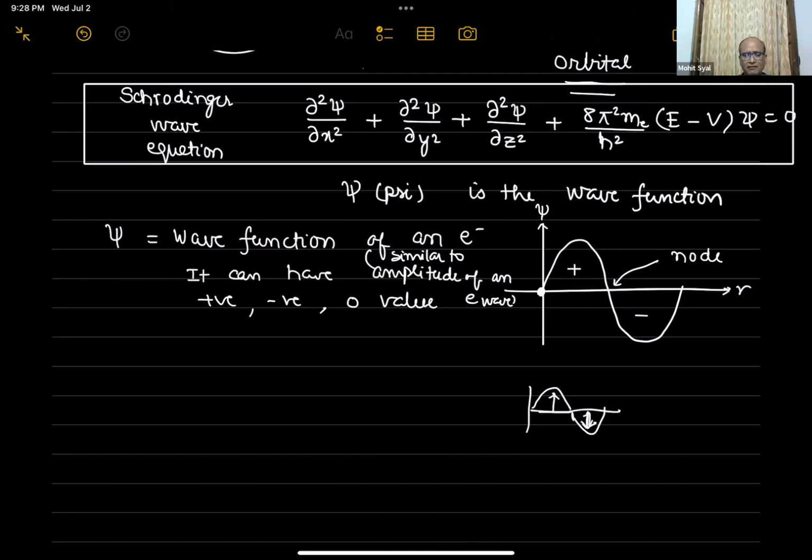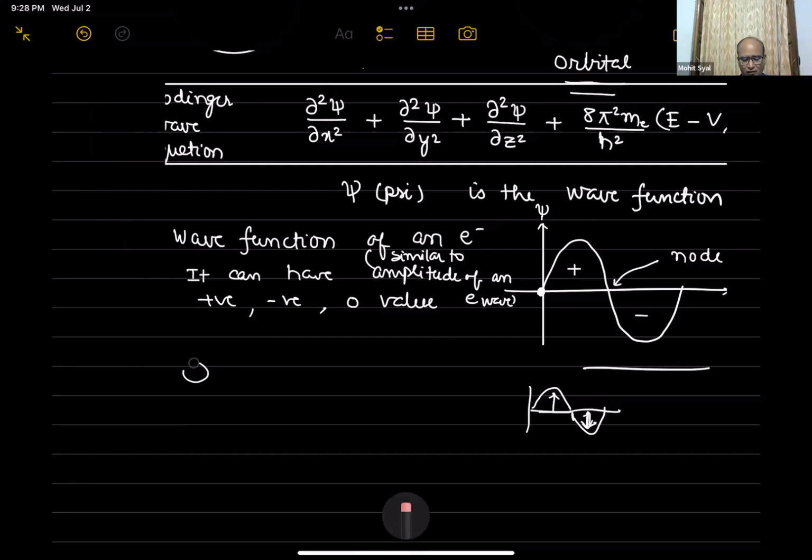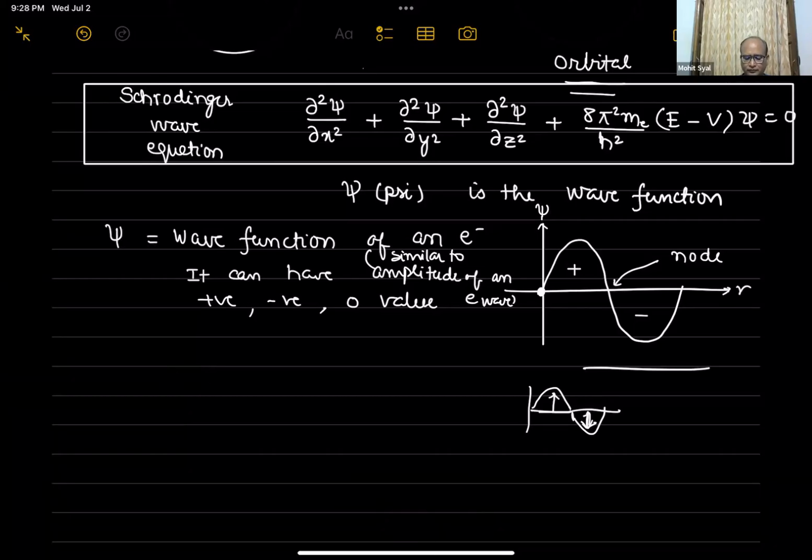So if it is a wave, it cannot have a constant value like this. It is one electron only, but it is actually distributed, one electron being present at many places. At some places this wave function is higher, at some places it is lower. Got it? Is it clear or not?